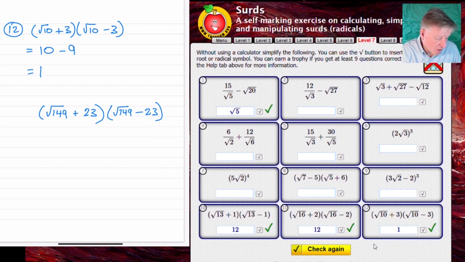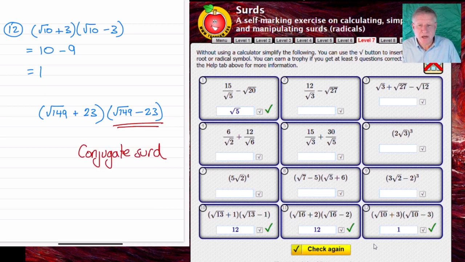And we call this over here the conjugate surd. It's the expression that we multiply root 149 plus 23 by in order to make it rational. The conjugate surd is going to be very useful when we get to level 8. I'll see you at level 8.